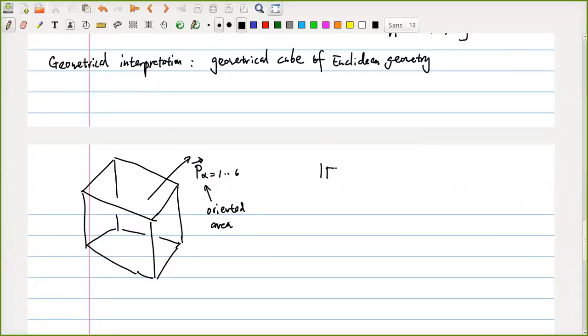The norm of the vector is just the area of the face alpha, with alpha from 1 to 6, and the orientation of the vector is the unit normal of face alpha.